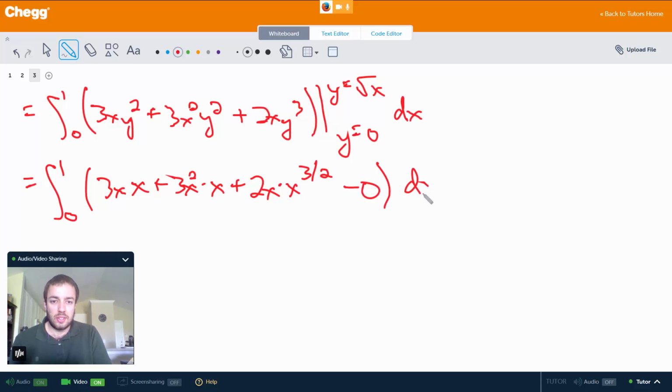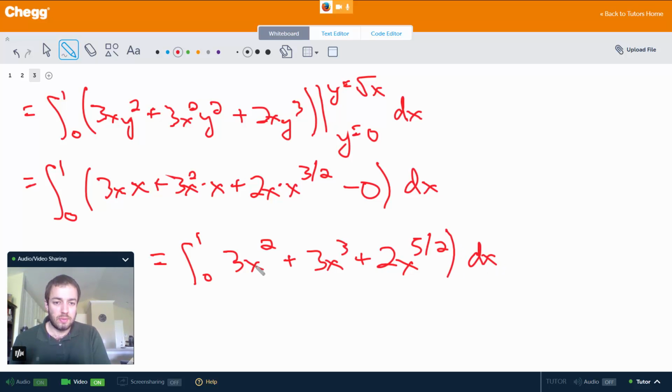And then don't forget dx. So let's simplify a little bit. And we have the integral from 0 to 1 of 3x squared plus 3x squared times x, which is 3x cubed, plus 2x times x to the 3/2, so that's going to be 2x to the 5/2, and then dx.